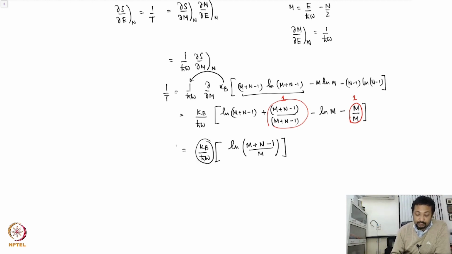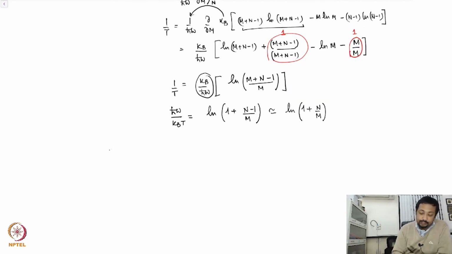This part I am going to recast by writing h bar omega over kBT is going to be ln of 1 plus n minus 1 over m. Now, since we are in the thermodynamic limit such that n is very large, this is going to be approximated as ln 1 plus n over m.